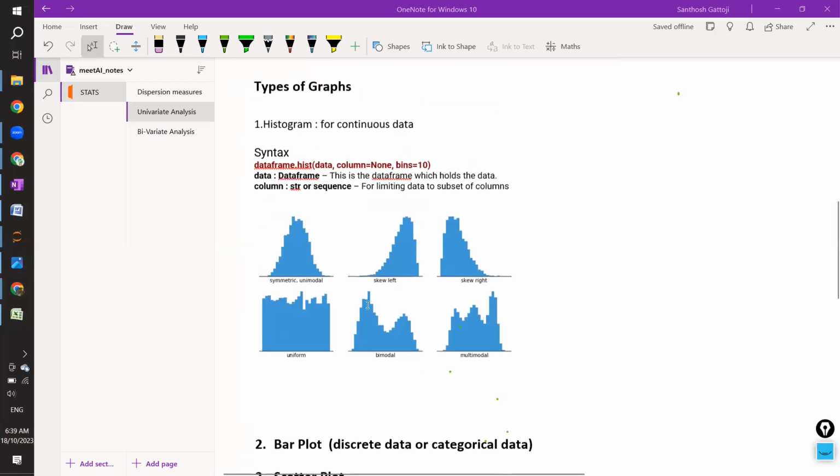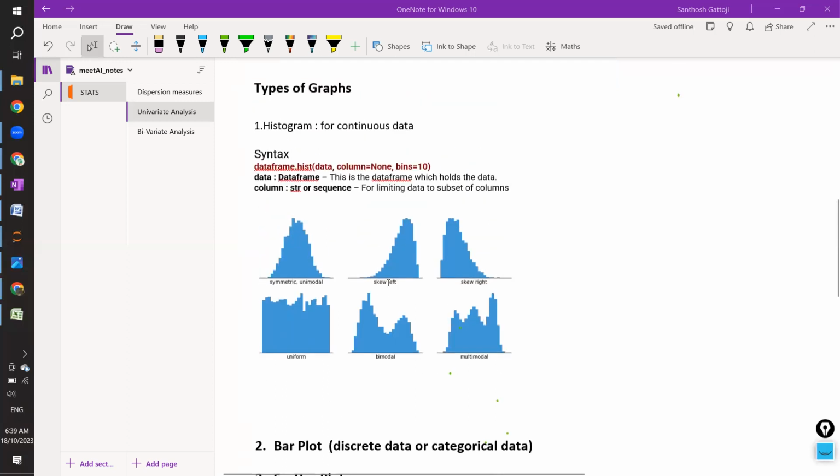So first let's try to understand what a histogram is. A histogram is the graph which can be used to understand continuous data. A histogram looks like this.